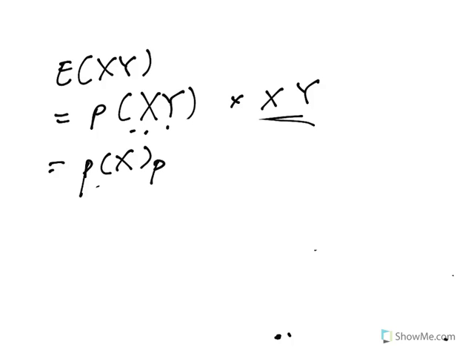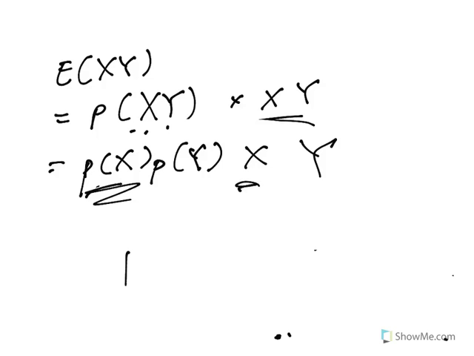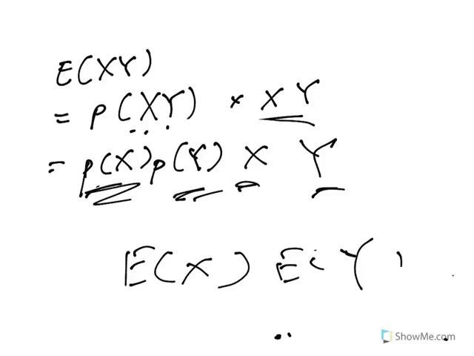So this is just probability of x multiplied by probability of y multiplied by xy. You can see this part is EX, this part is EY. That's why it's like that. Okay, understand.